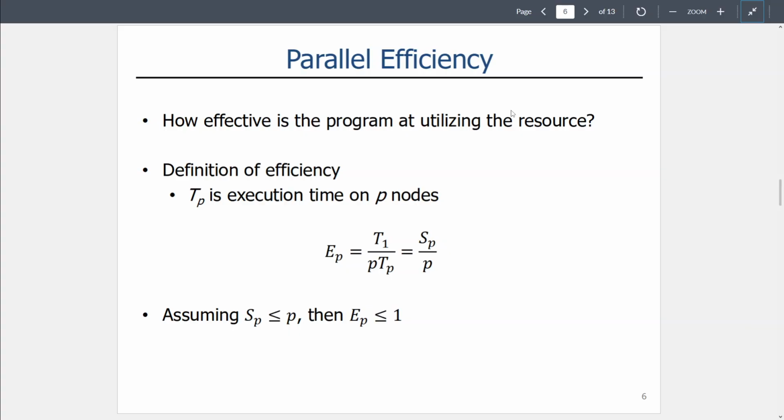If I run something on 8 cores, would I ever expect it to run 10 times as fast or 100 times as fast? Well, there's only 8 cores, so I would at most expect it to run 8 times as fast, if it's truly explicitly parallel. And that's in the absolute best case.